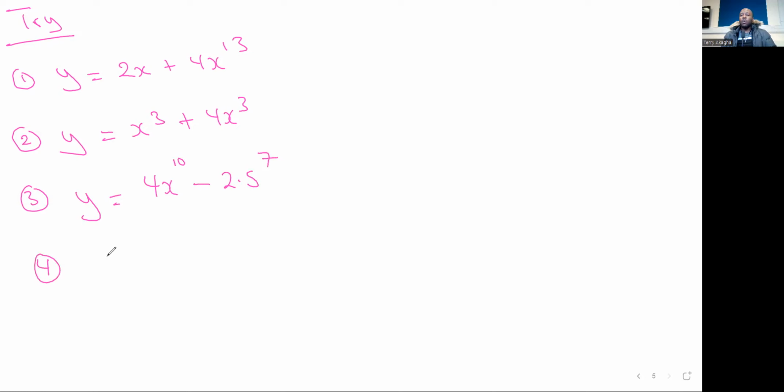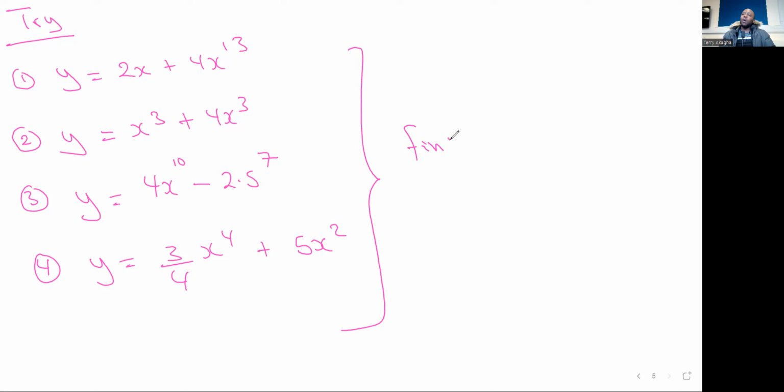And number 4, we have y is equal to 3 over 4 x raised to the power 4 plus 5x raised to the power 2. Okay, I want you to try this. So I want you to find the dy over dx for each of these. All right, so basically it's exactly the same thing. You just follow the rules, differentiate each of the terms, add or subtract based on the question you were given, and then you simplify. All right, and that will be that for this video.